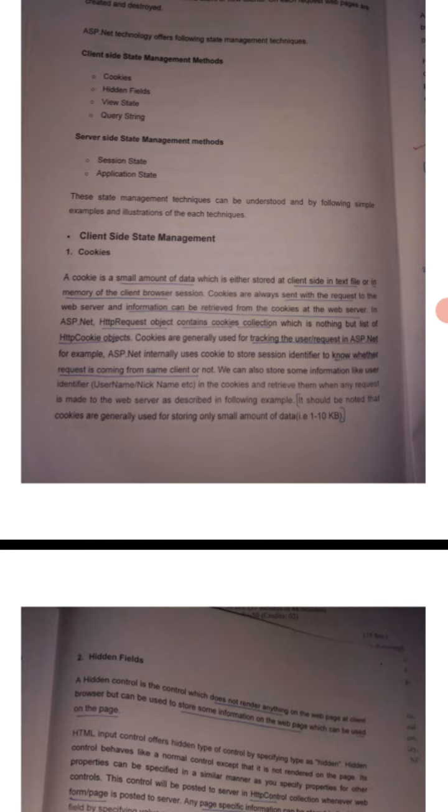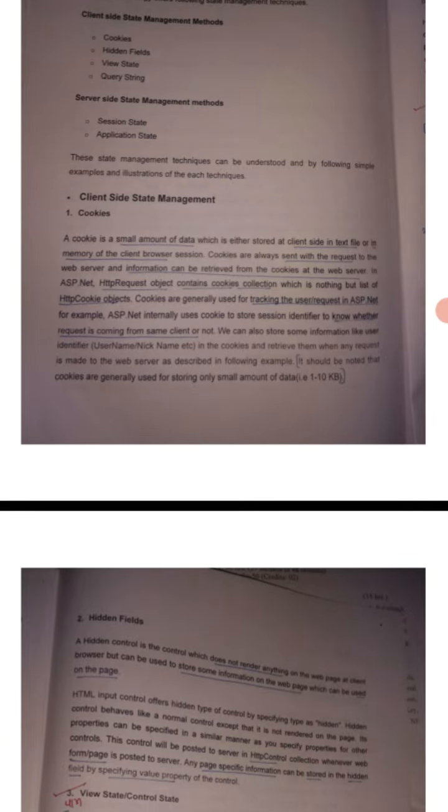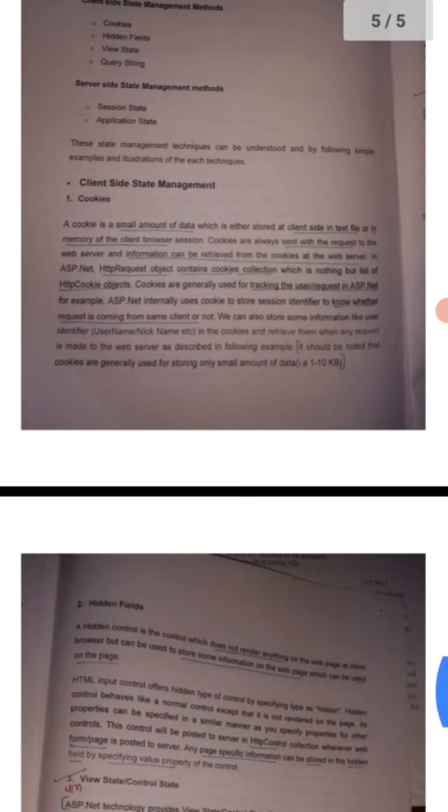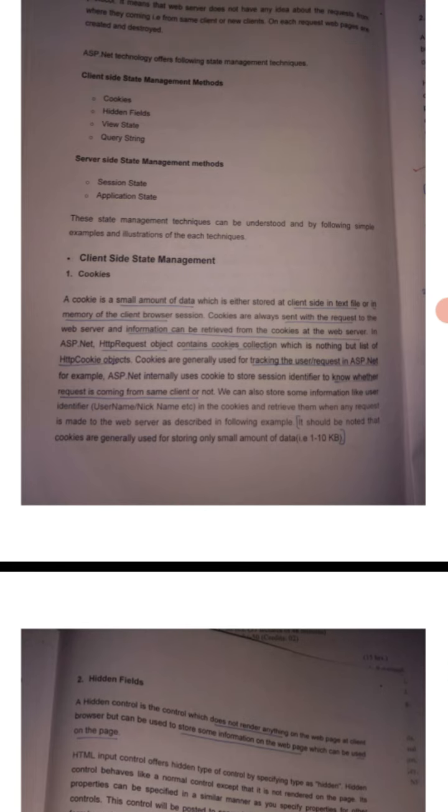We can also store some information like a user identifier in the cookie and retrieve it when any request is made to the web server, as described in the following example.